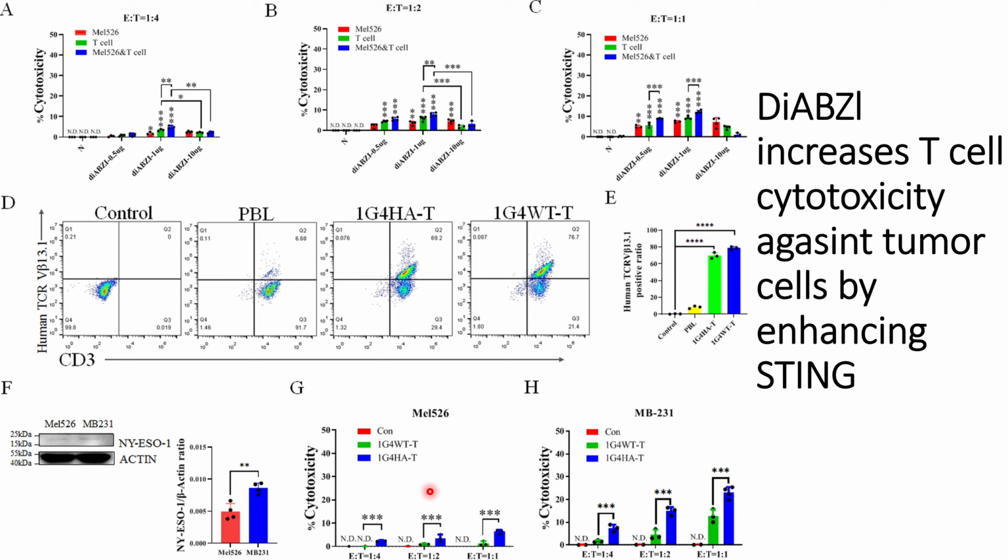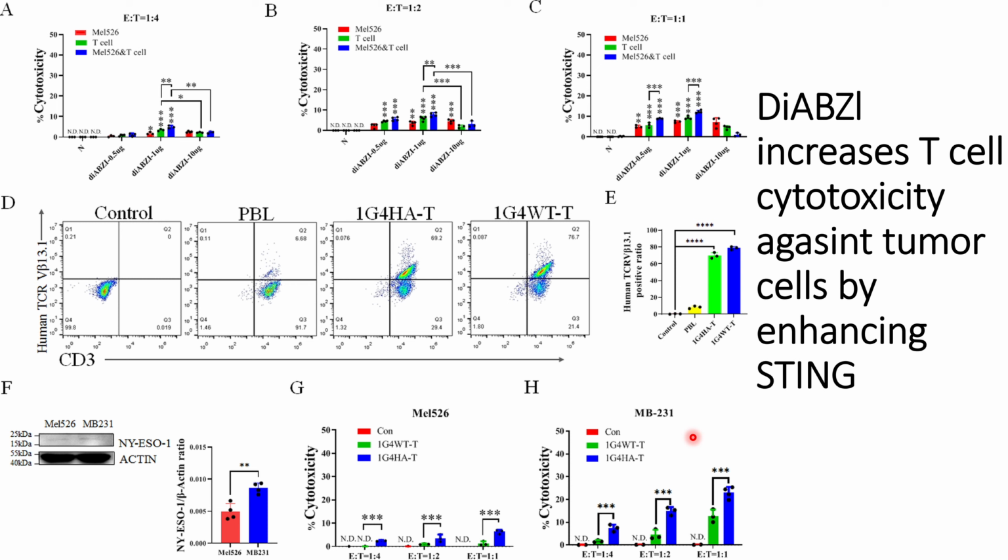They found the expected results, that is for the MEL526, since the antigen expressed on it is lower, they see lower cytotoxicity compared to the case of MB231, which has higher antigen expression on the cell surface. So they see the higher cytotoxicity when they are treated with the effector cells, or the engineered T cells.